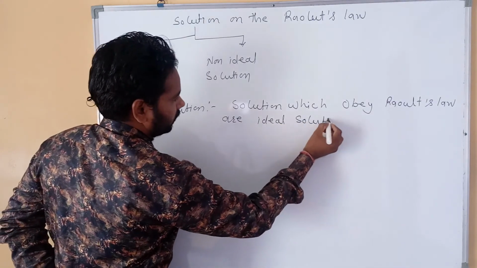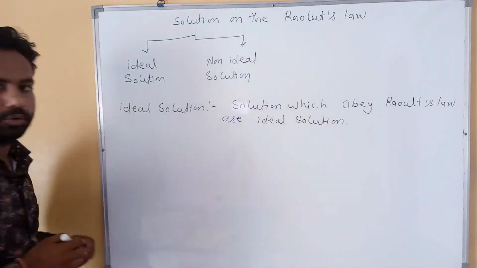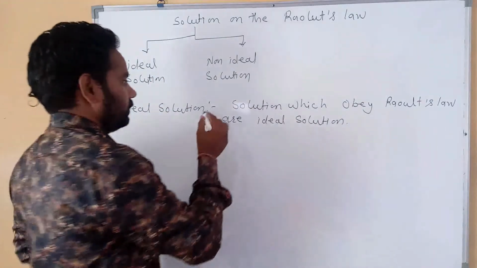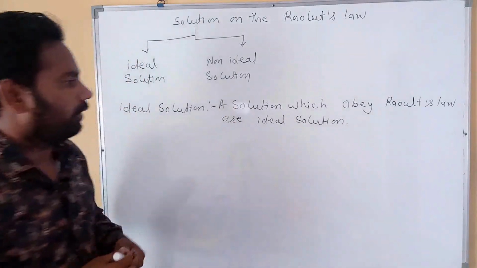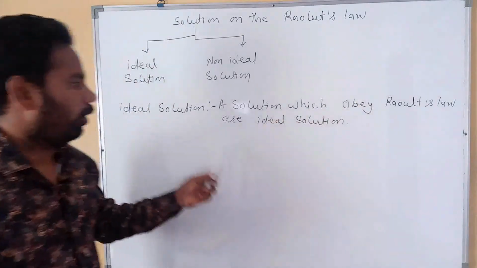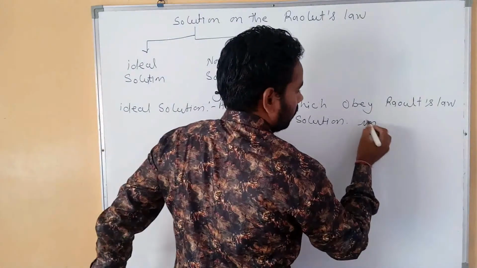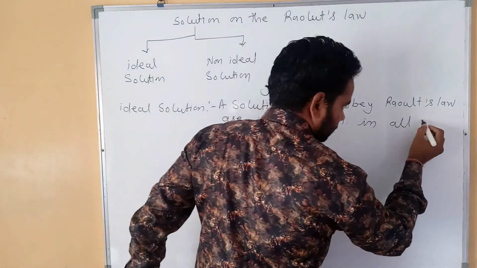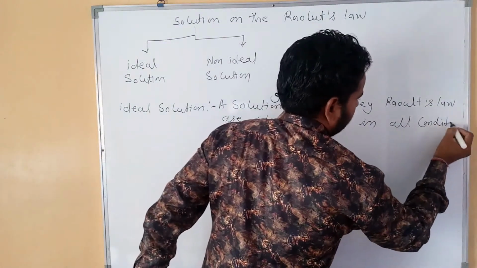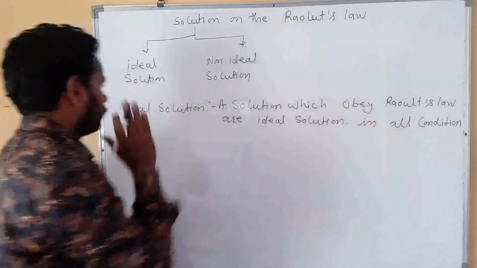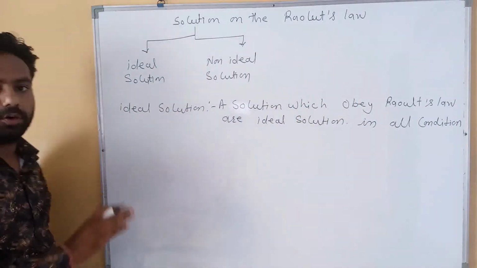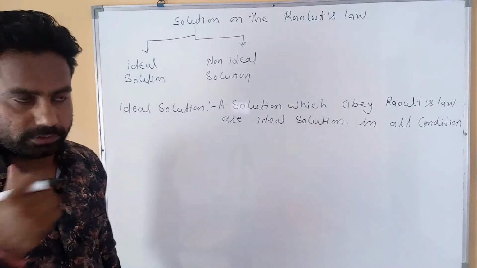I think you understand the definition of ideal solution: those solutions which obey Raoult's law in all conditions are called ideal solutions. Okay, in every condition, solutions that obey Raoult's law are called ideal solutions.